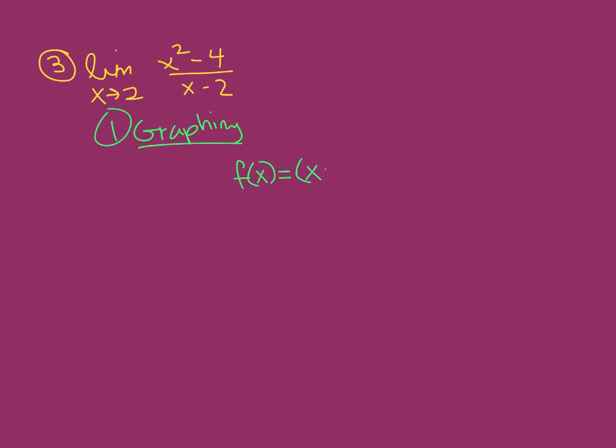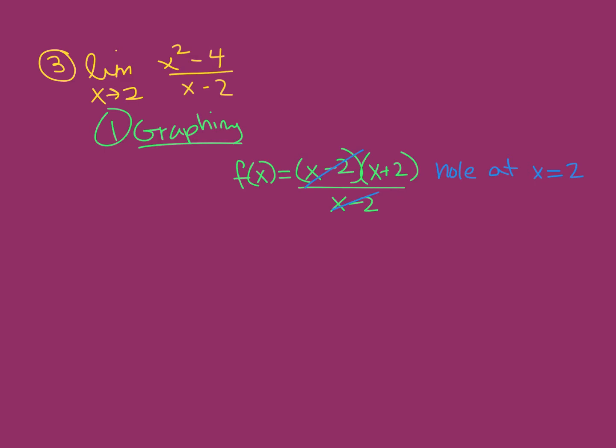We have x minus 2 times x plus 2 over x minus 2 if we factor it out. When you factor that, if you remember with rational functions, when you have a factor that cancels out, that means that you have a hole in your graph, and that hole is going to be at x equals 2.